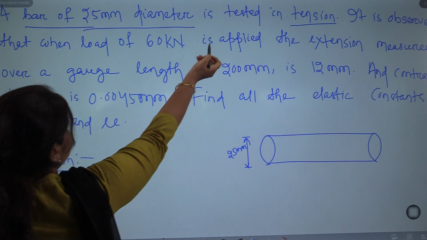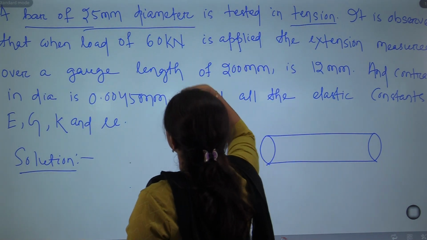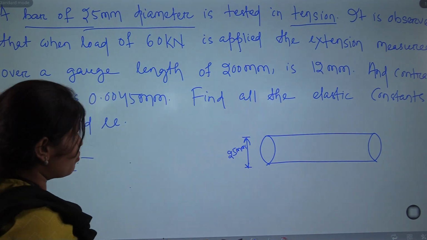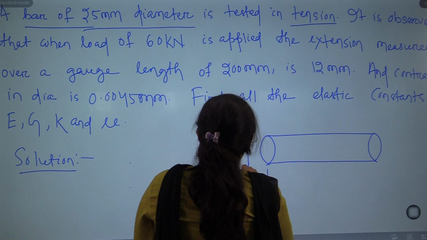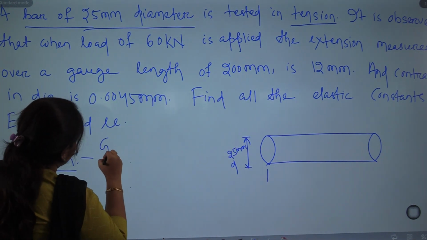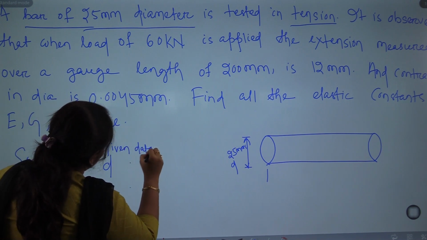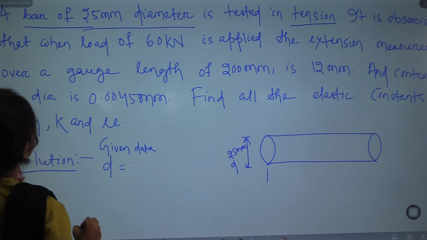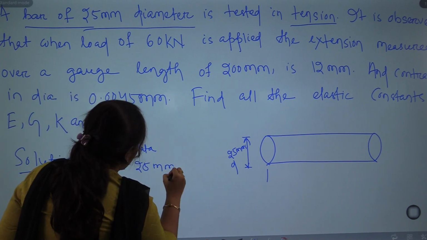Here it is given that the bar is in tension, that means the load will be positive. Here 25 mm is your diameter. We can write here the given data: D equals 25 mm.